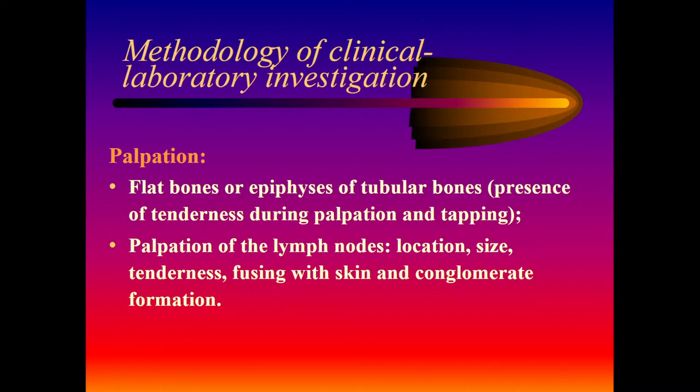Palpation of a lymph node, location and different parameters of this palpation of lymph nodes are very important: location, size, tenderness, fusion with skin and conglomerate formation. In normal, not all groups of lymph nodes are palpated.